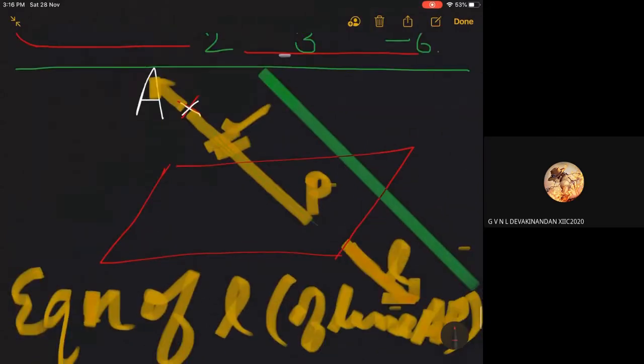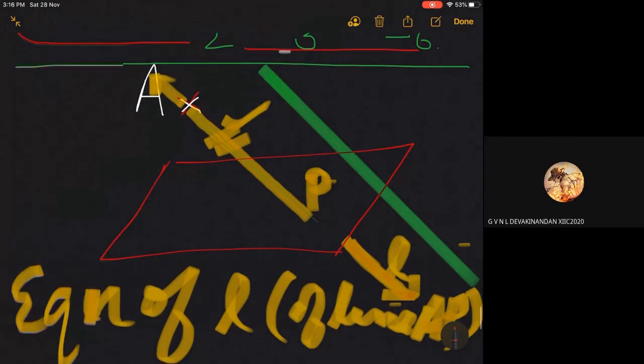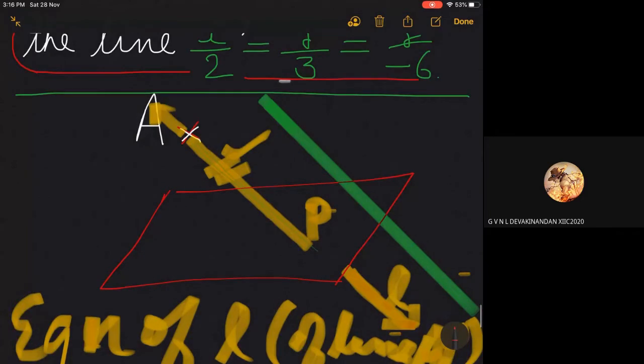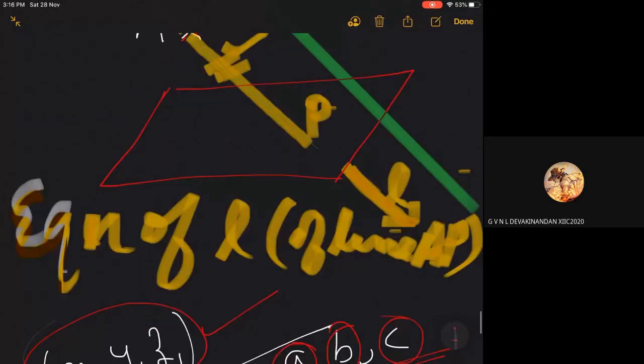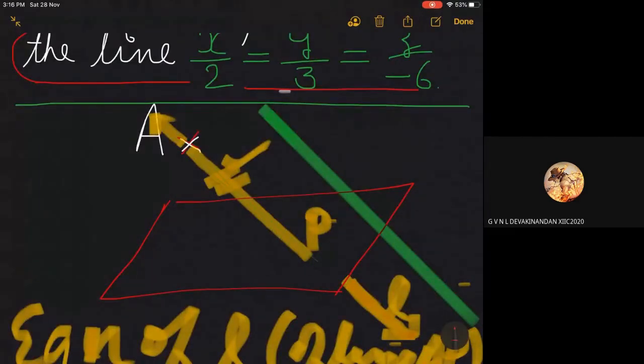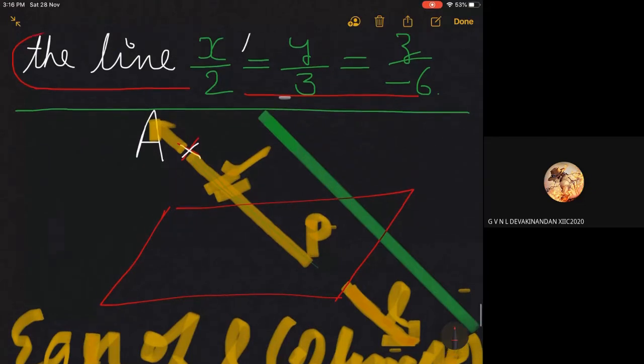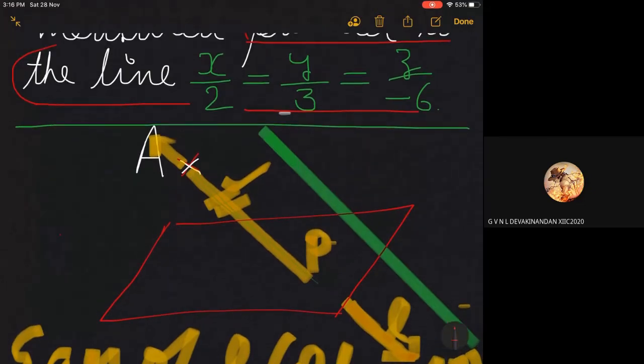So now we need to write the equation of this line, the line L. For that we need two things. Which are the two things we need? One is the given point, another is the direction ratio. Now look at this line AP. Do we have these two constraints? That is, a given point.